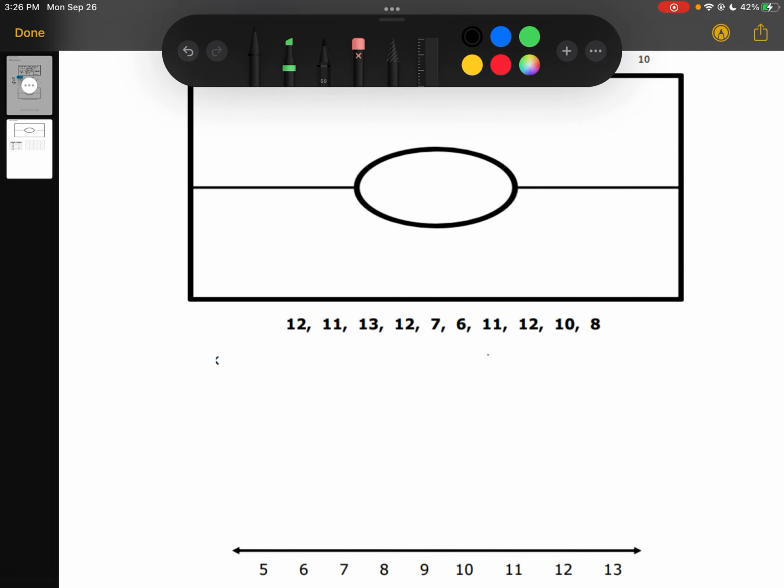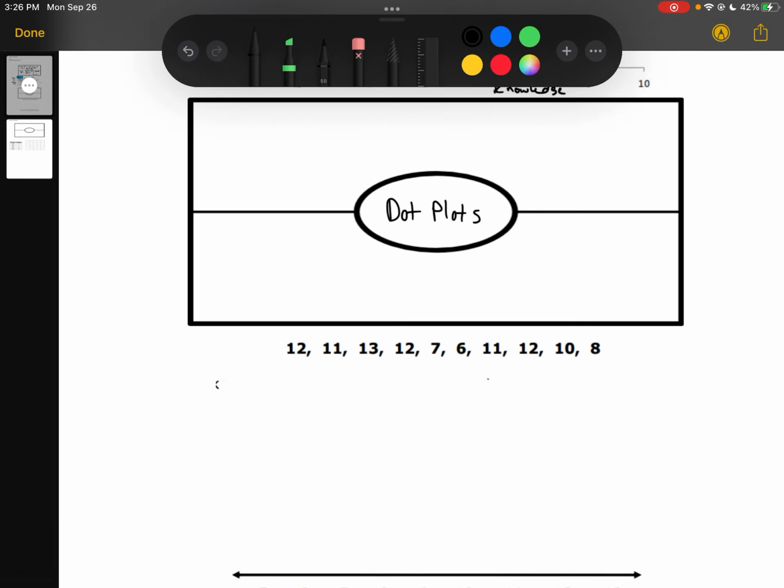So next up, we have dot plots. And this is a chart of data points on a single scale.